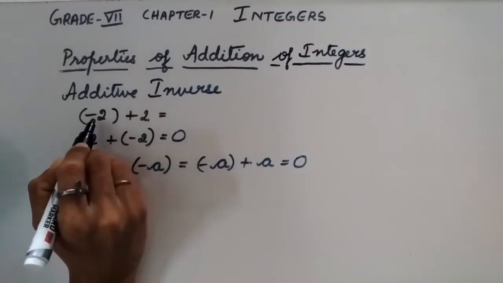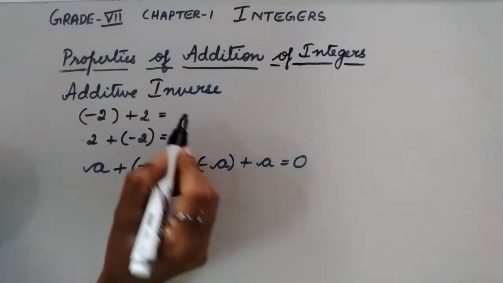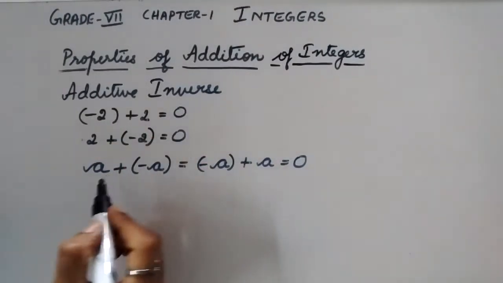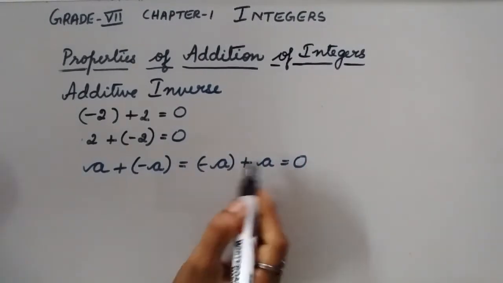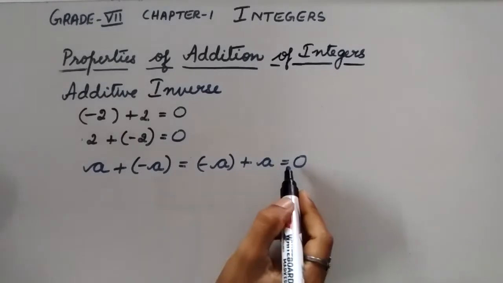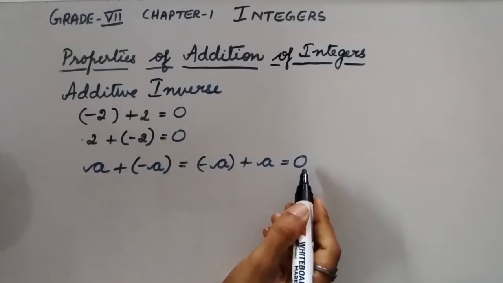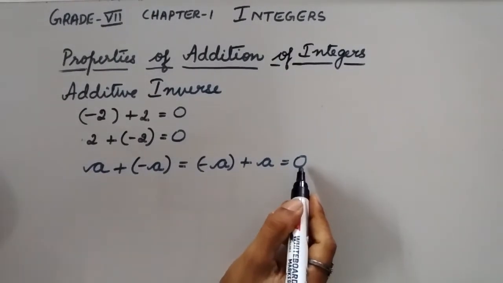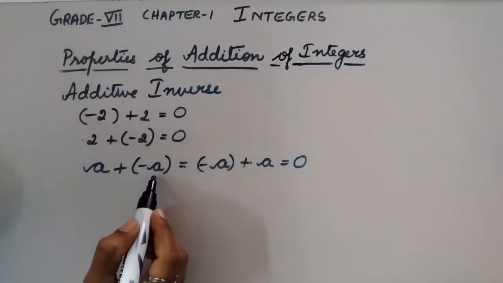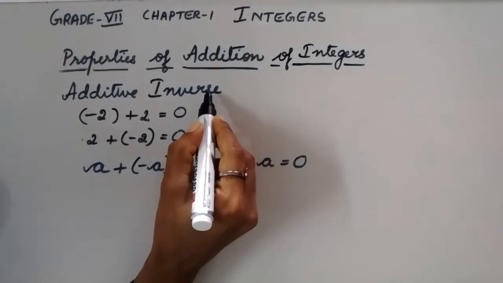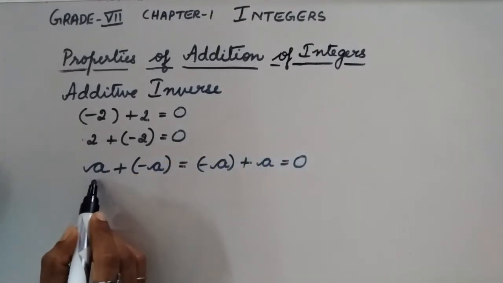And here again minus 2 and plus 2 is 0. So a plus minus a is equal to 0. Minus a plus a is also equal to 0. Thus, we can say that minus a is the additive inverse of plus a.